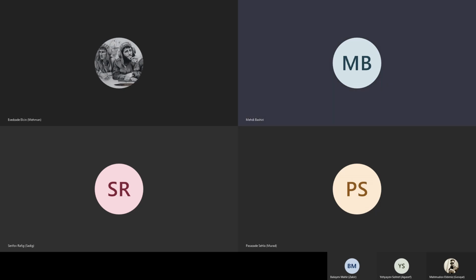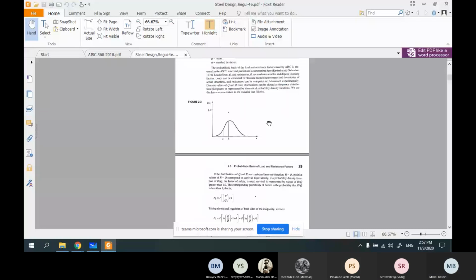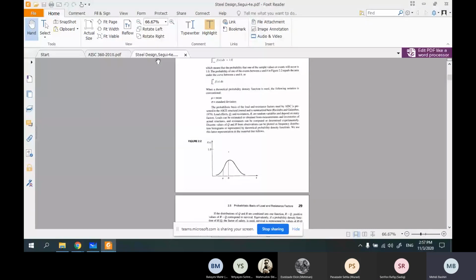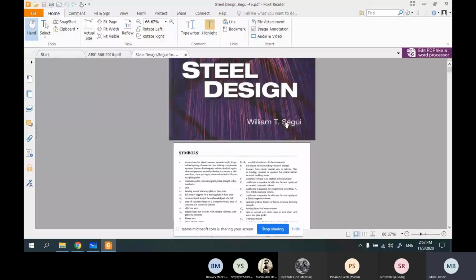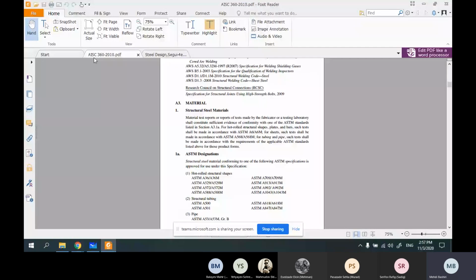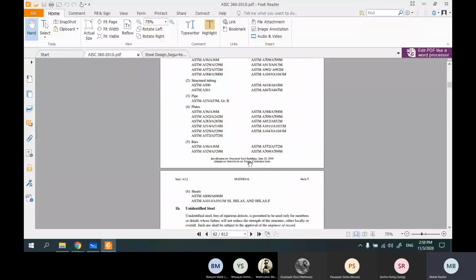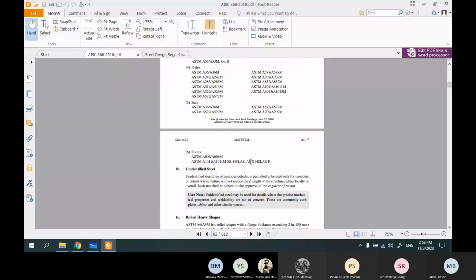Okay, this is your book, Steel Design, that I think I uploaded before, and the other one is the AISC specification. And as I said, we mainly work on this book, the specification.